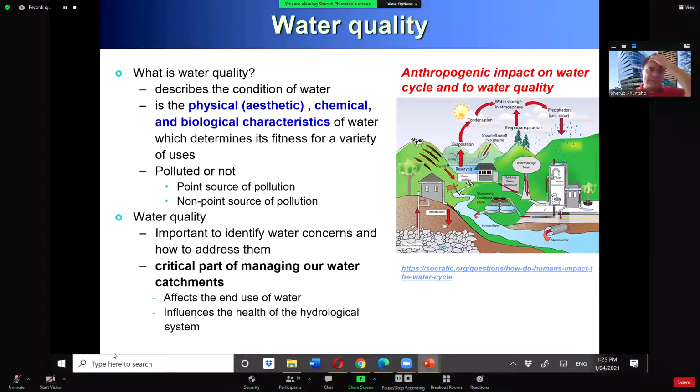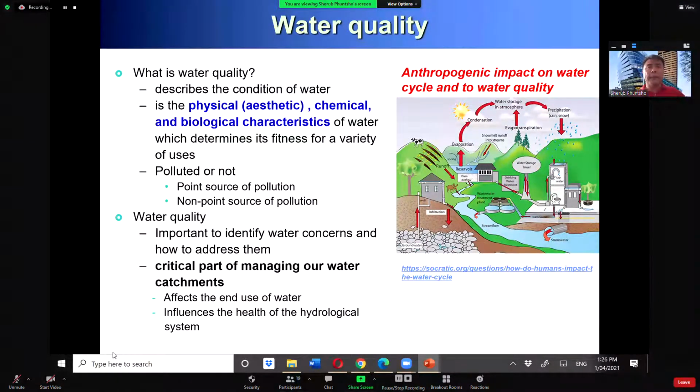Water quality describes the condition of the water: the physical aspect, that is the appearance and aesthetics, how the water looks; the chemical aspect, what compounds and different kinds of dissolved compounds are present in water; and the biological characteristics, any microorganisms present. All of this describes the quality of the water and determines whether the water is fit for various purposes. So this defines the water quality.